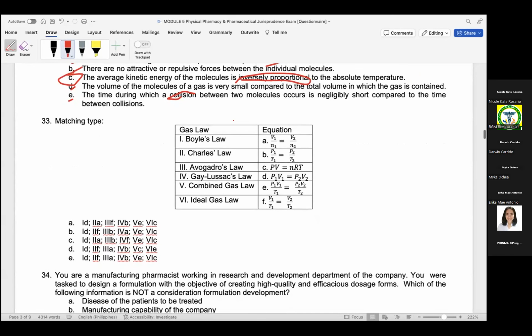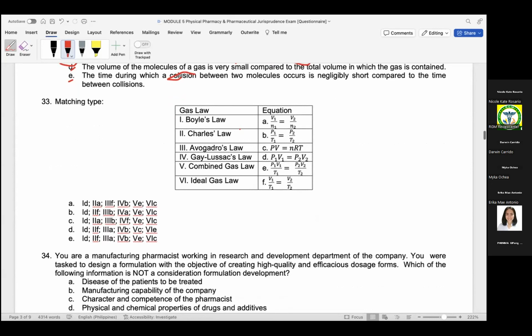Matching type tayo. Boyle's law, na kanino yan? Letter? Boyle's law. Pressure and volume. So letter D. So 1 is D. Charles law is P1, T1. So 2 is B. Avogadro is volume and moles.